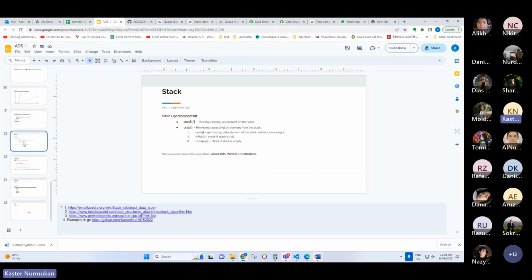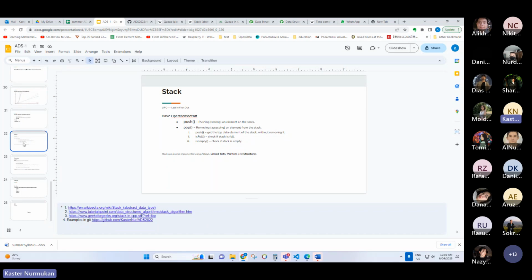That should be a very interesting example. Usually a stack is used for, let's say, typing operations in any word editor.